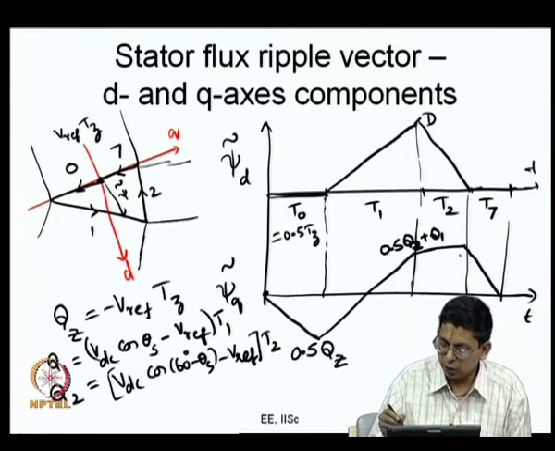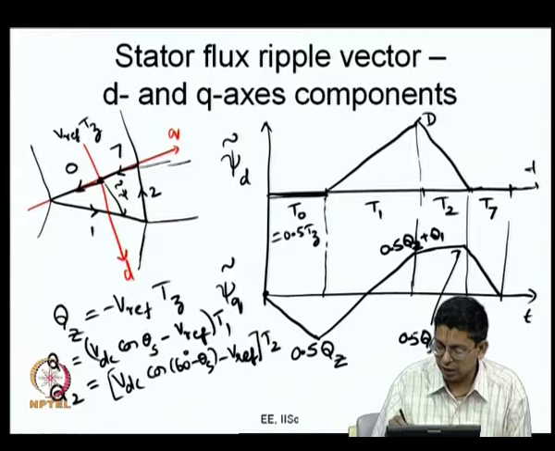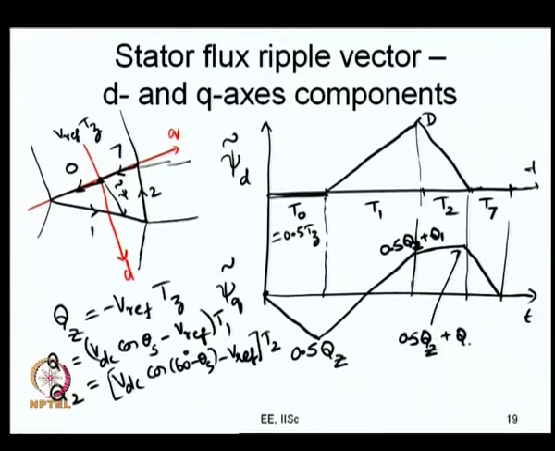So, this value you have at this instant is 0.5 q z plus q 1 plus q 2. I am just trying to fill in numbers for this, and finally it becomes 0.